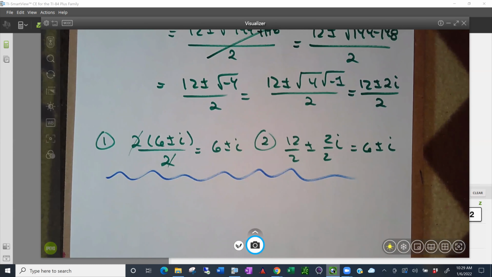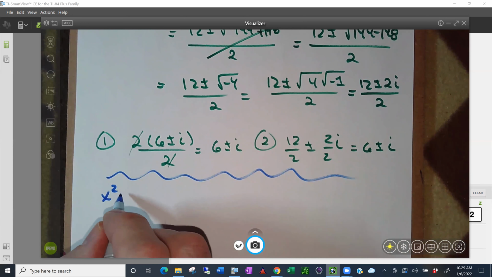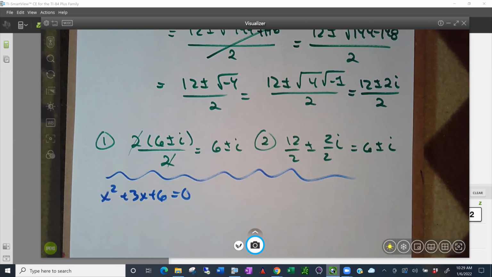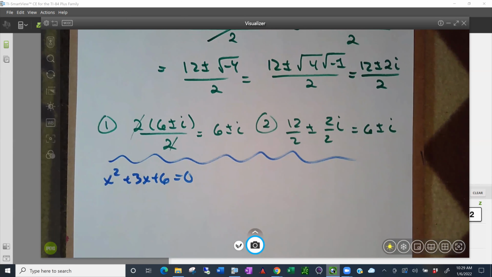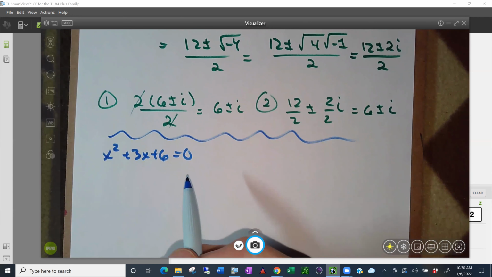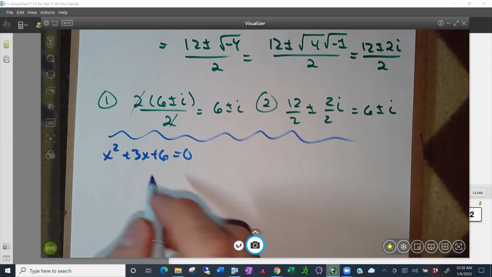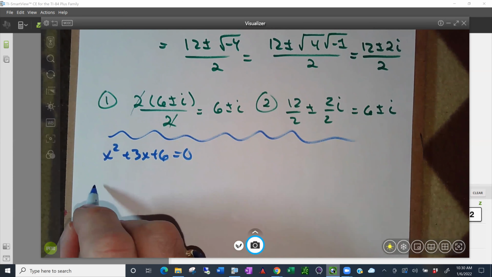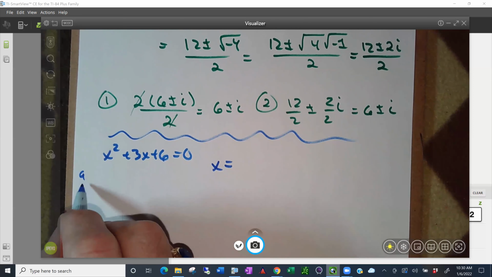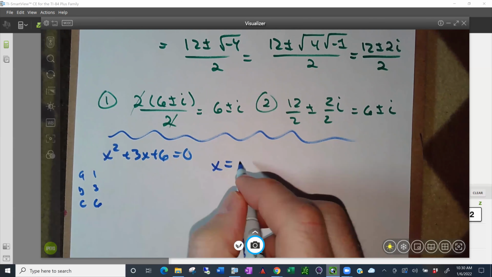Let's see. How about x squared plus 3x plus 6 equals 0. You should always look to see if this factors, or if you can use the square root property. Great. Chances are, a lot of times you'll end up using the quadratic formula, so let's just jump to the heart of this. a, b, and c are 1, 3, and 6.